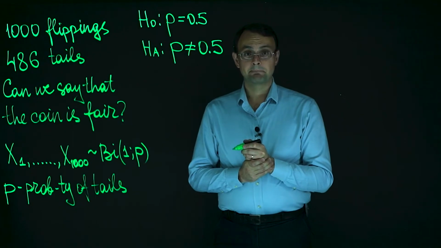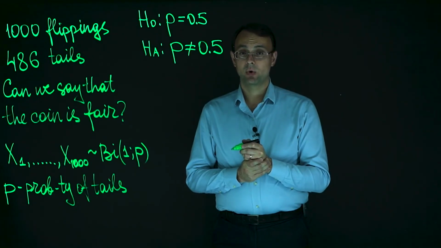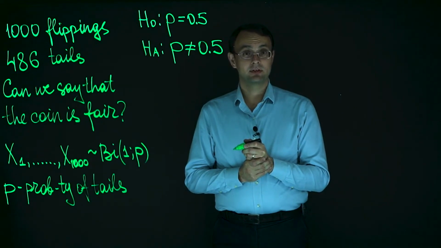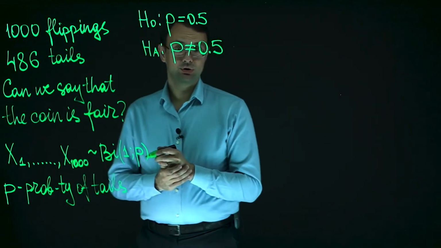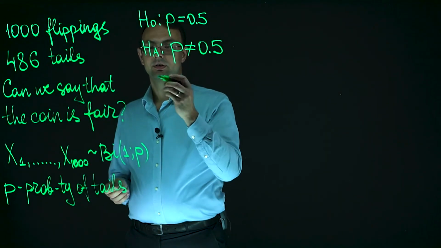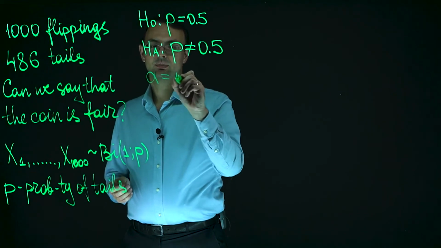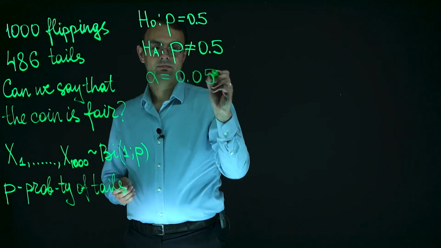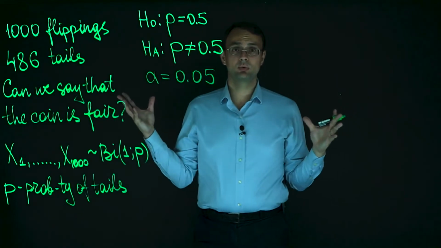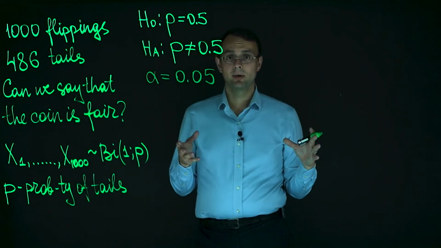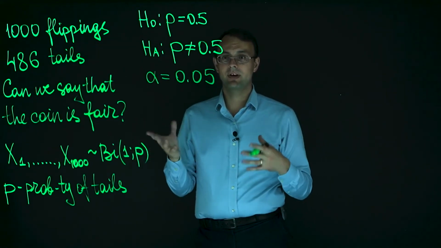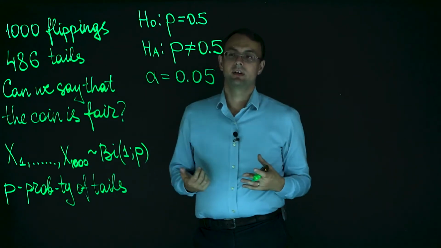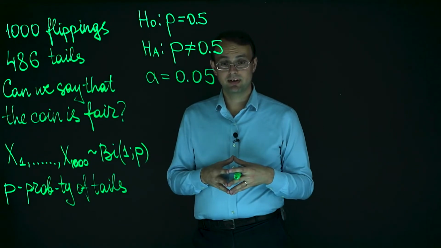Now we are to choose the significance level. Let us say that we choose the standard significance level, alpha is 0.05. We have no arguments, no ideas in favor of choosing some other value of the significance level.